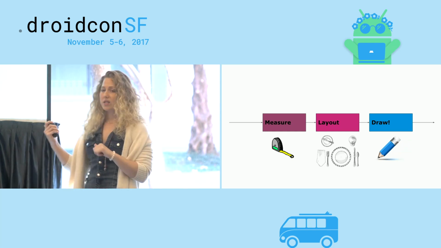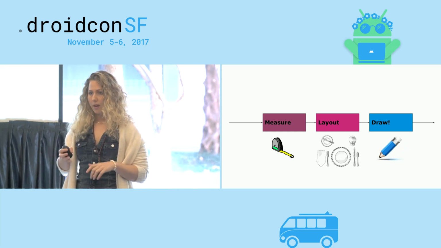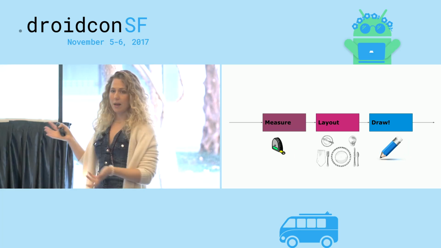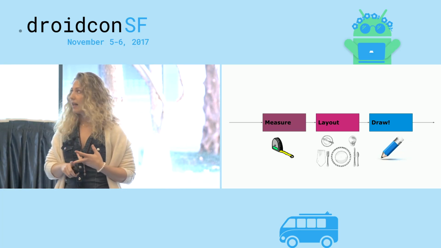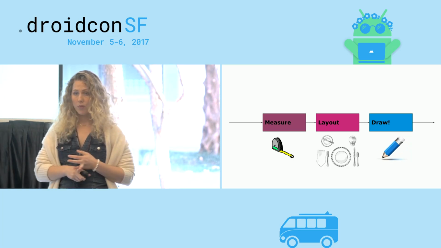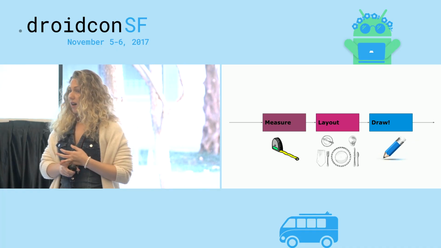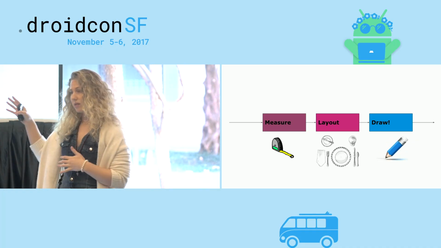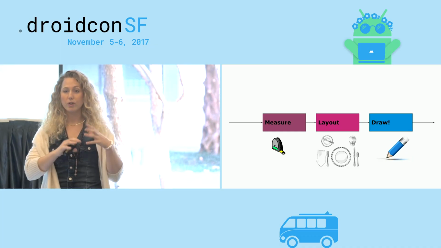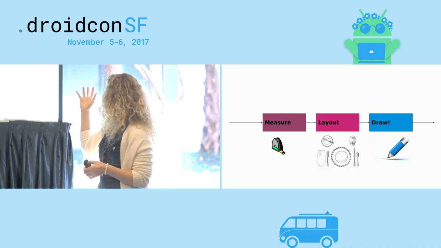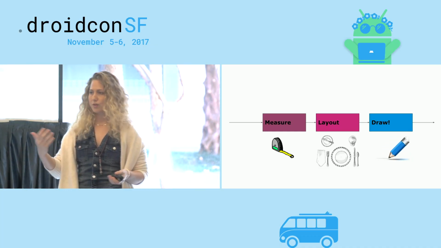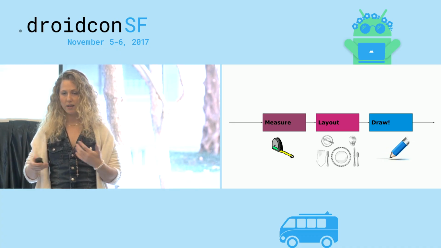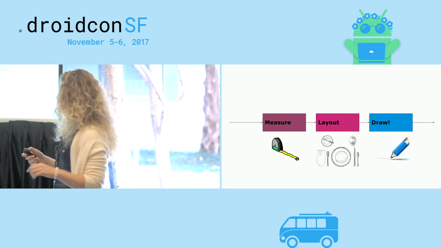Awesome. When we saw the traversal type, it means those steps that we saw before: measure, layout, and draw. Like we said, measure is about figuring out the size, layout is about figuring out location or position, and draw is to prepare the actual drawing instructions for the views.